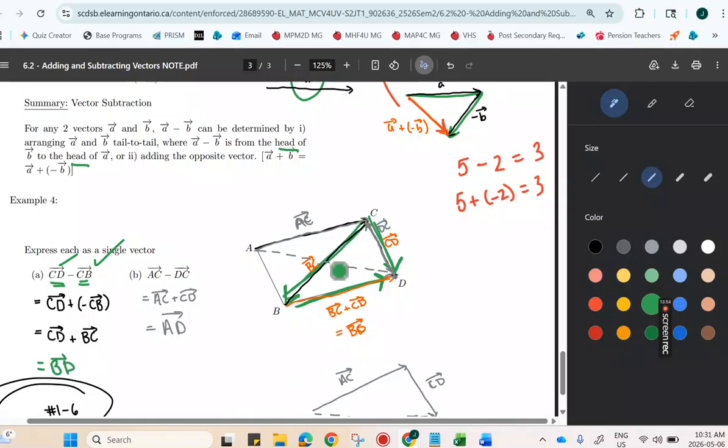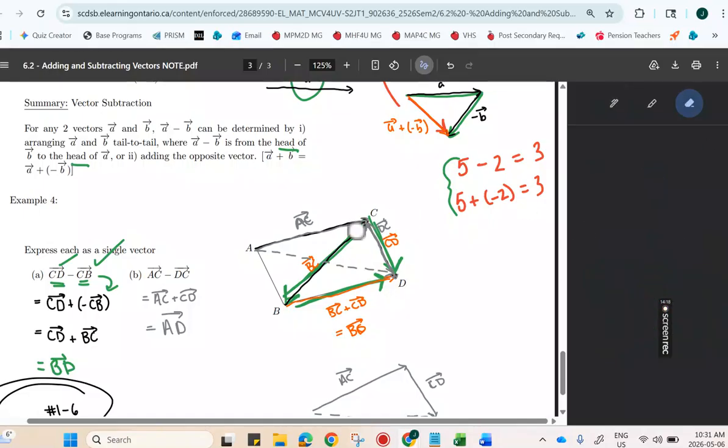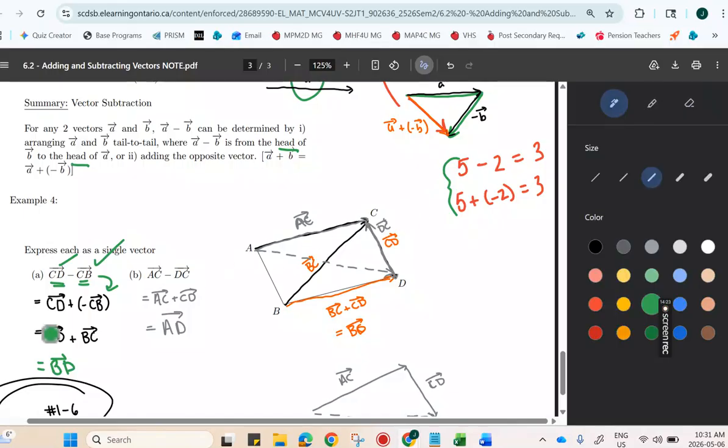Okay. Or we can look at it as adding the negative vector of CB, going back to this example. So vector CD plus the negative vector of CB. Let me just erase this and clear this up a little bit. Okay, so vector CD, which again is right there, plus negative CB. Well, where's CB?